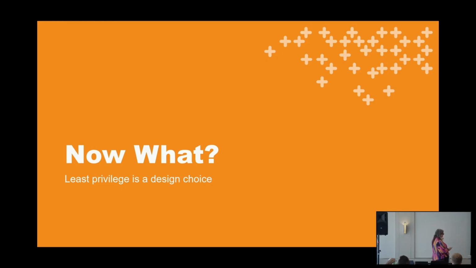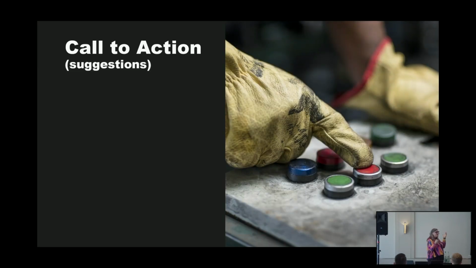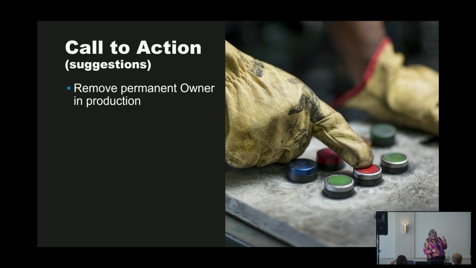So the question is what to do now. You've hopefully learned something new, and I have a couple of suggestions as calls to action. The first thing: do you have permanent owners in production? You shouldn't. If you do have it and it's a long list, try to reduce it as much as you can.